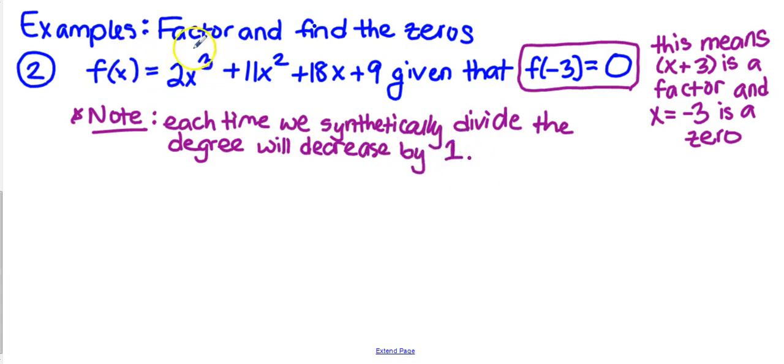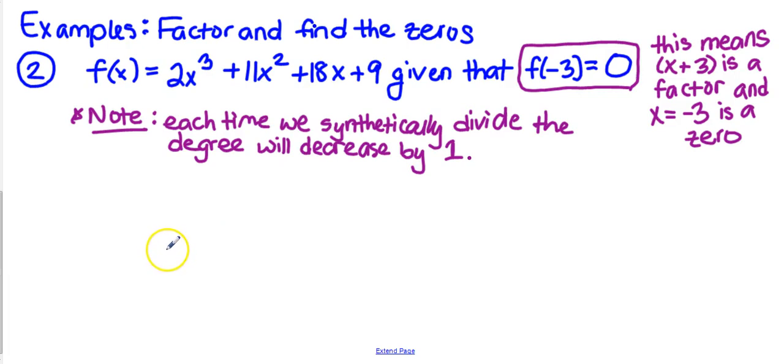So we're starting off with a cubic. When we run synthetic using negative 3 in a moment, what will the result be? Well, 1 less than 3 is 2. So the resulting polynomial will be a quadratic.